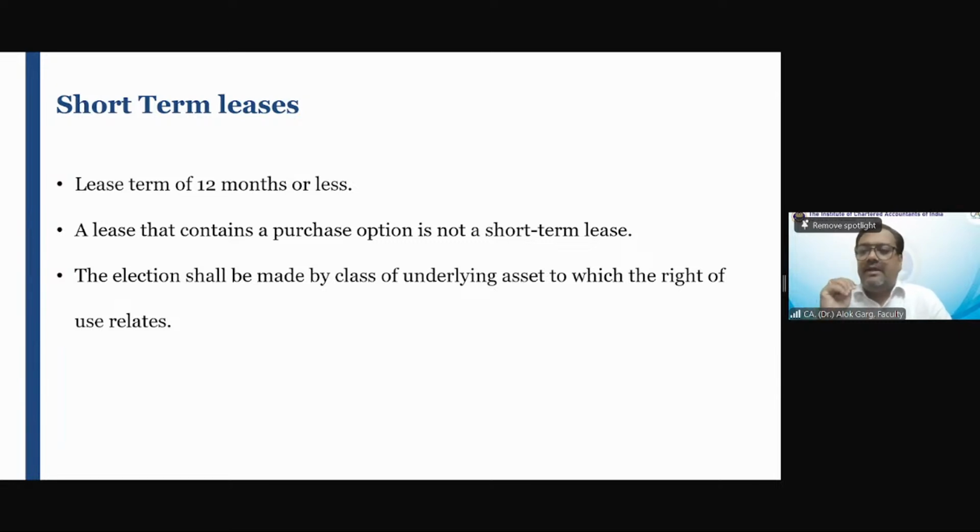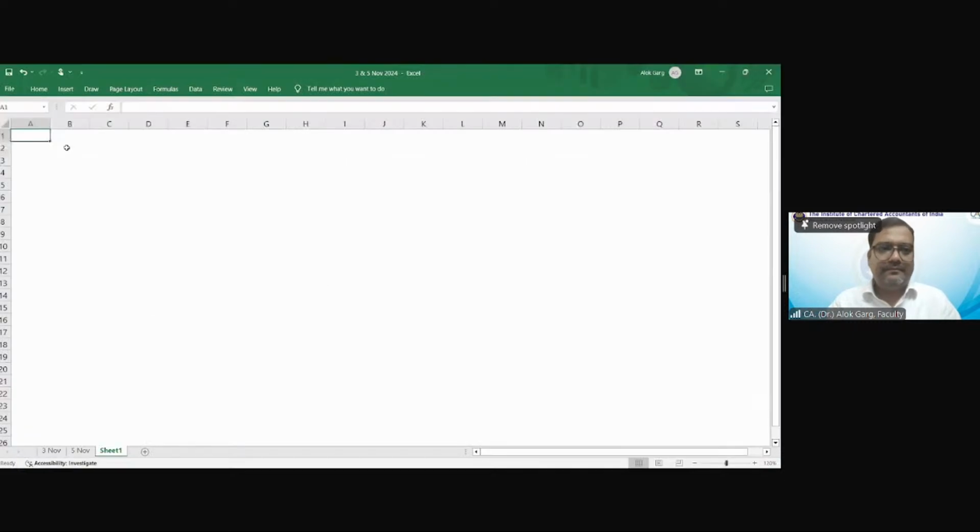So in my example, if there are 5 leases, let me take you to the Excel file. Let's cover here: exemption from ROU asset accounting. There are 2 exemptions to this accounting.